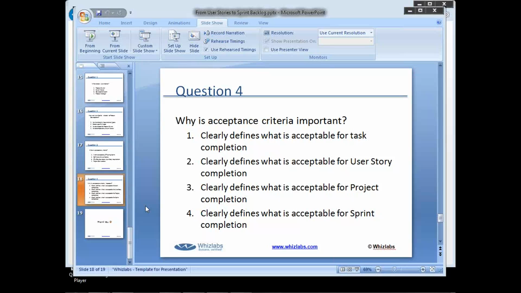Possibly answer number 4 is partially correct, because you're certainly correct that a sprint may have a single user story that the developers work on, but it is more likely that all the developers work on multiple user stories. So remember, each user story is a feature, and the acceptance criteria defines what is acceptable for each feature, for each user story. So the answer to that is number 2.